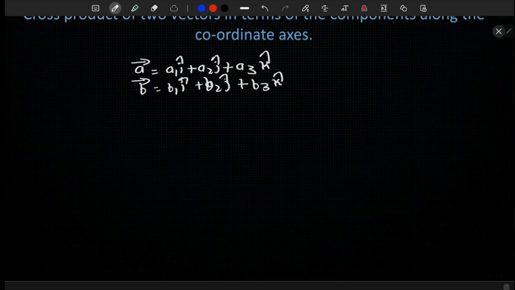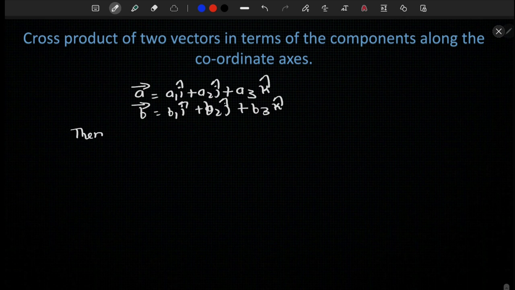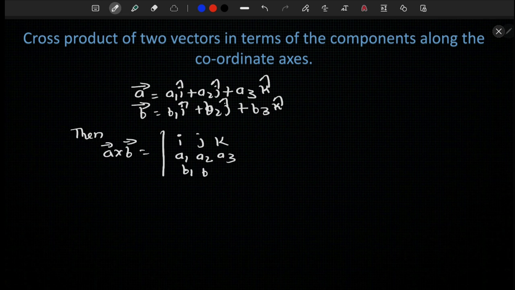Then a cross b is given by the determinant with rows i, j, k; a1, a2, a3; and b1, b2, b3. We will find the determinant and that will be our answer.